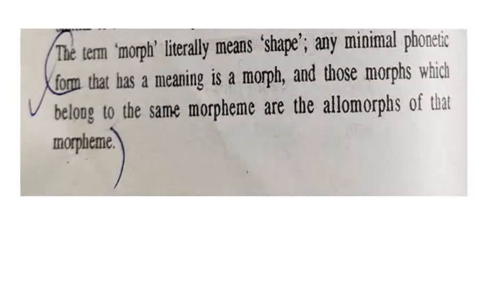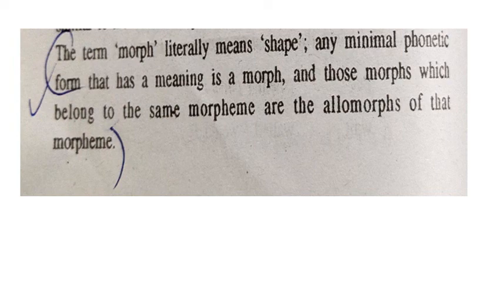So I hope I've made myself clear. The term morph literally means shape. Any minimal phonetic form that has a meaning is a morph, and those morphs which belong to the same morpheme are the allomorphs of that morpheme. For example, the id, the t, and the s, the z and the iz.